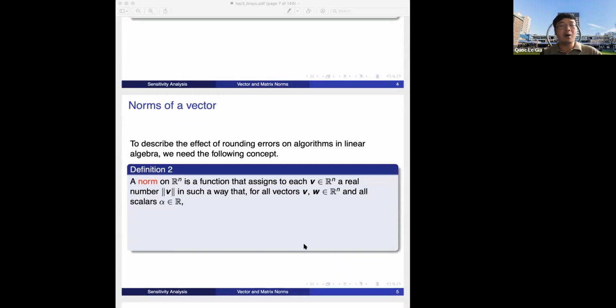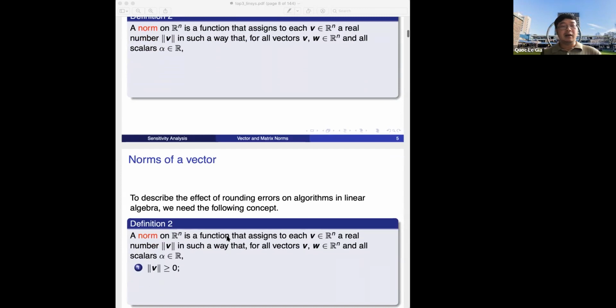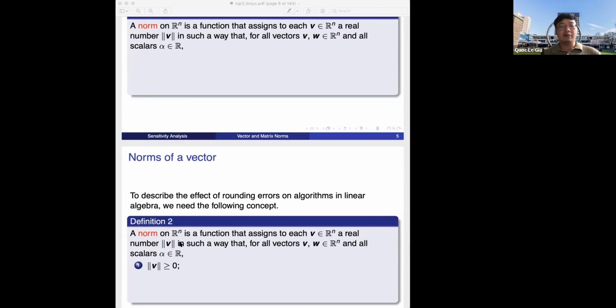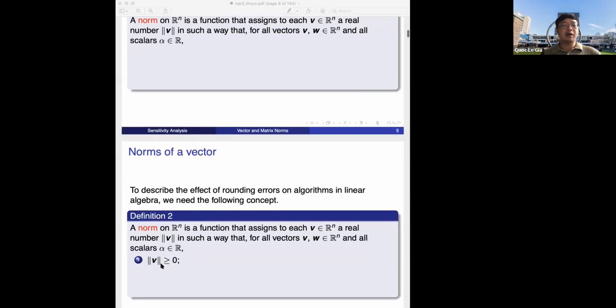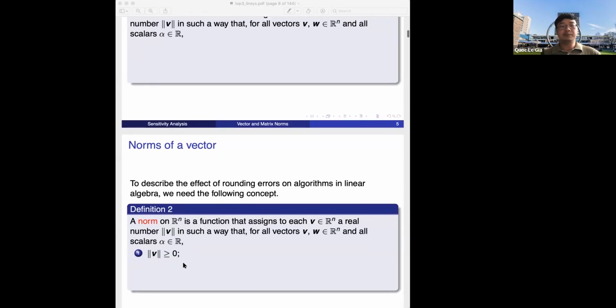More generally, we define the concept of a norm. A norm is a function that takes a vector and gives a number, and it has to satisfy three properties. First, it has to be greater than or equal to 0 for every vector.